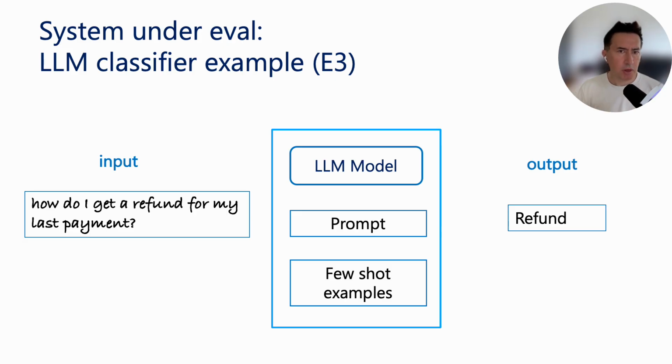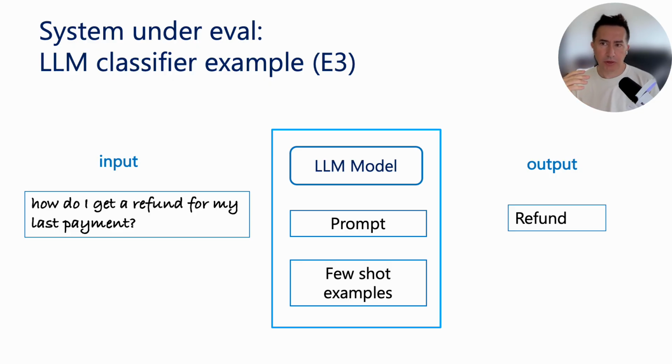For example, for our LLM-based classifier, the one that is pre-trained, our system is composed of mainly 3 parts. There is the model, the large language model that we use to classify. There are the examples that we give, our few-shot examples, and then there is the prompt that we carve around the examples.